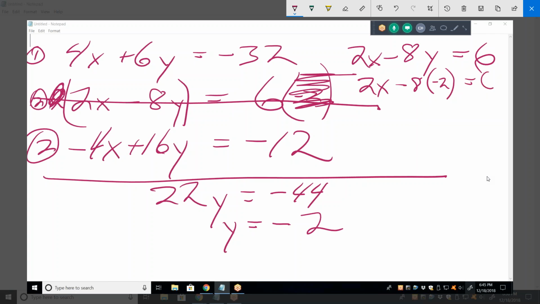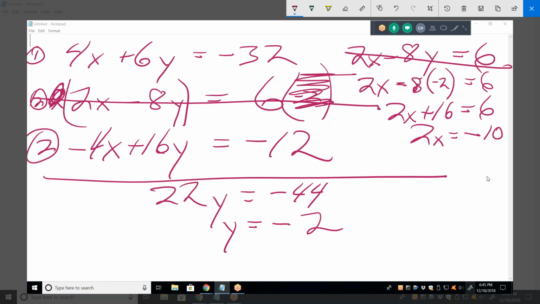And that's always the way to do it. Do not do these in your head because it's really easy to get the sign wrong. Okay? So, now keep going. Yep.